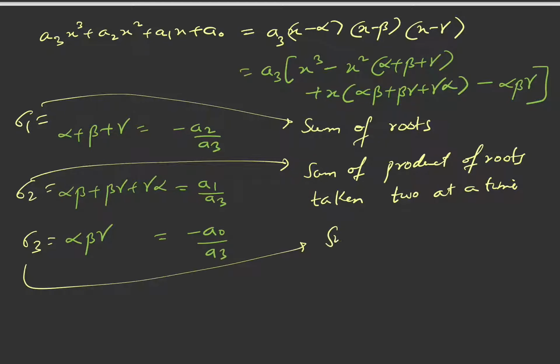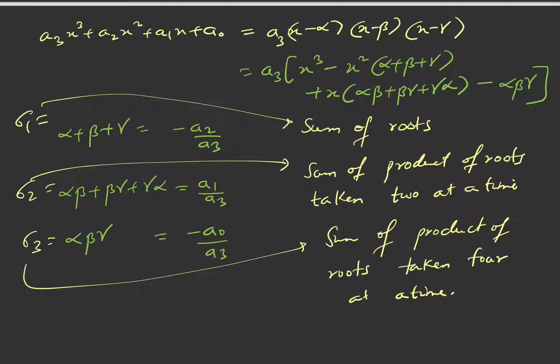And sigma 3 means the sum of the products of roots taken 3 at a time. Similarly you can find sigma 4, sigma 5 if you move to higher degree polynomials, taken 4 at a time, and so on.